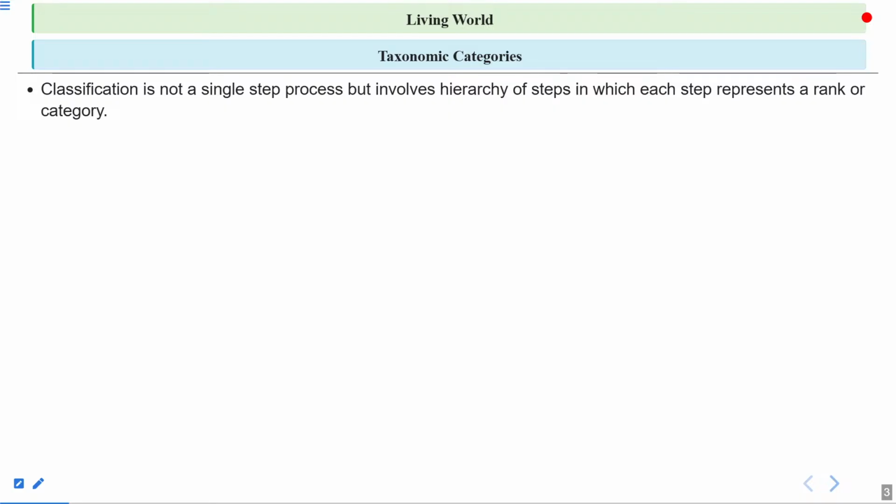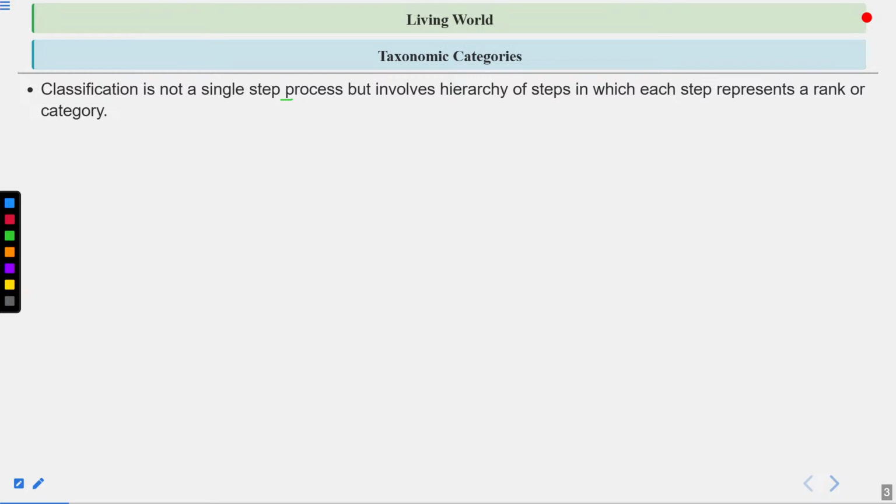Classification is not a single step process, but involves a hierarchy of steps in which each step represents a rank or a category. Clear? You can also call these categories groups, or call these groups categories. These categories represent a rank, or a certain level.